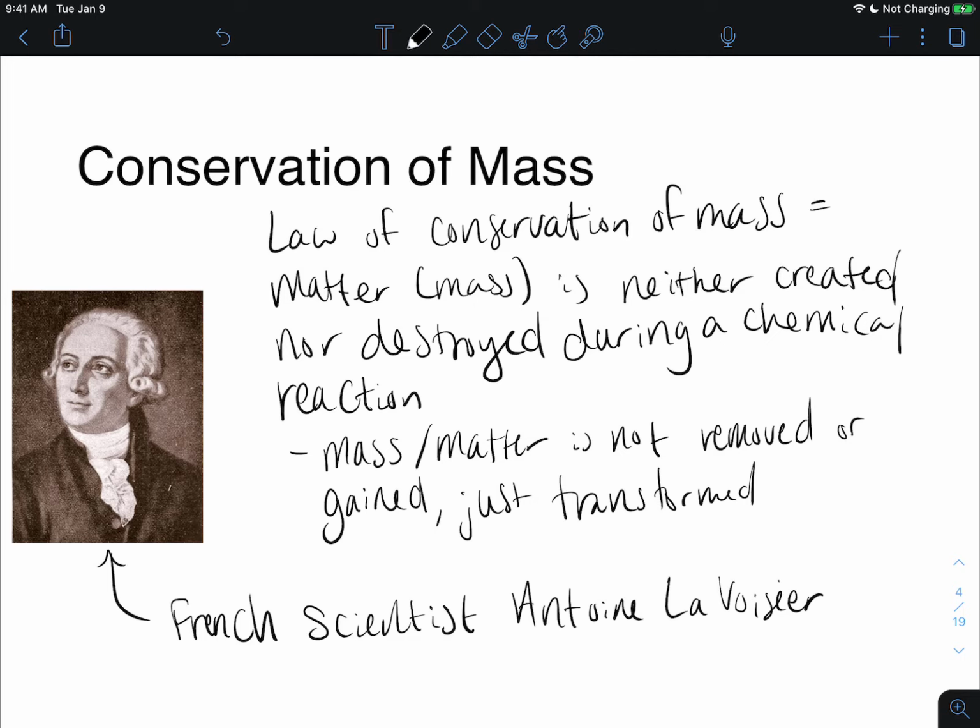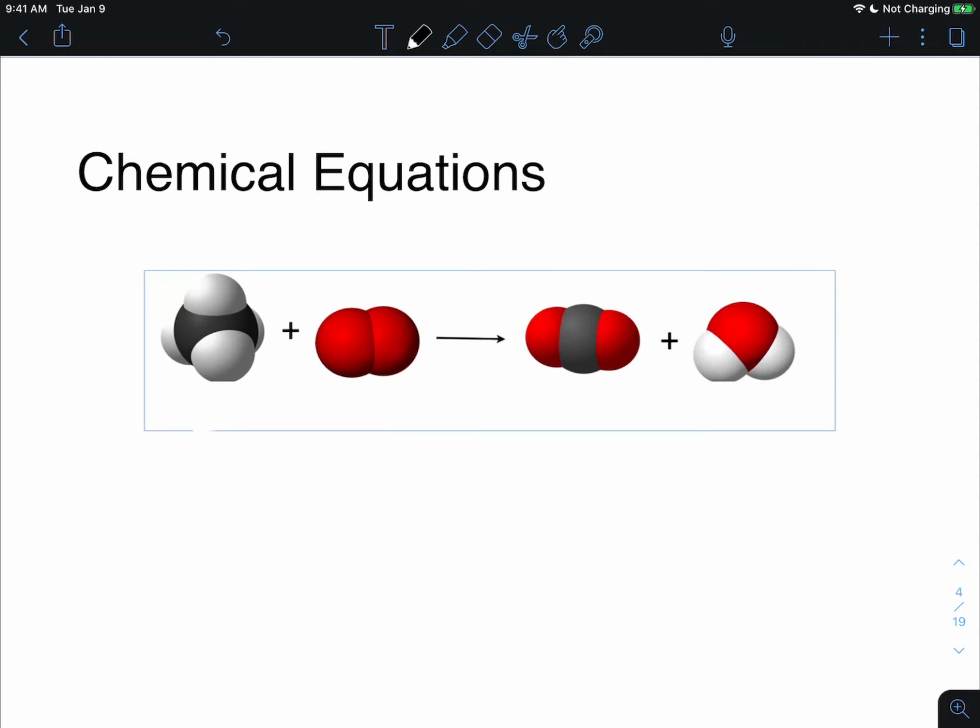Okay, so let's look at what I mean by a chemical equation. Right here I've got some molecules. Specifically I have CH4, oxygen, carbon dioxide, CO2, and water, H2O. These are all chemicals. These are all compounds or molecules, and they are going to react together.